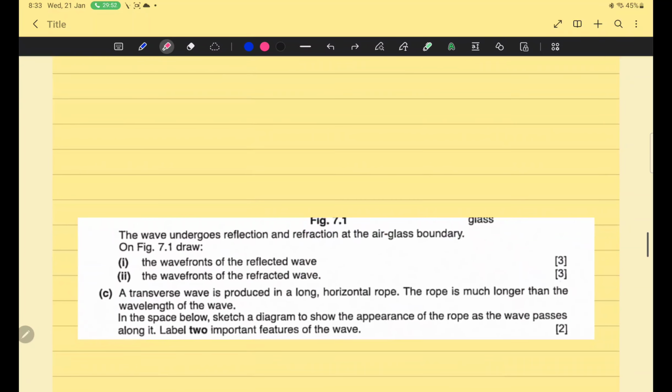And what is the question? The wave undergoes reflection and refraction at the boundary. Draw wavefronts of the refracted waves. First, I am starting with refraction. We will do reflection of the water wave as well, but right now the wavefronts of the refracted wave.